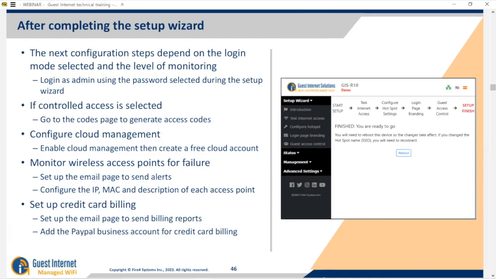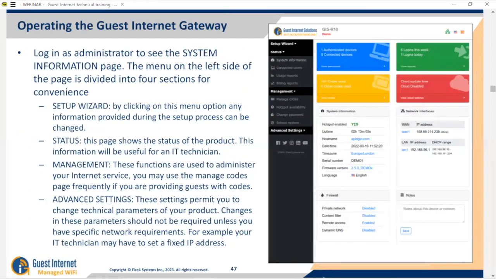It may be that we need additional configuration steps, and so we have to go back and make some other changes to the configuration. When we first log in as the administrator using the password that we provided using the setup wizard, we see the system information page, also called the dashboard.